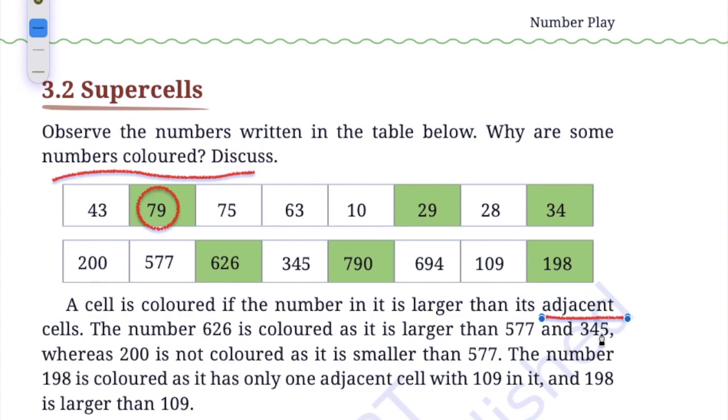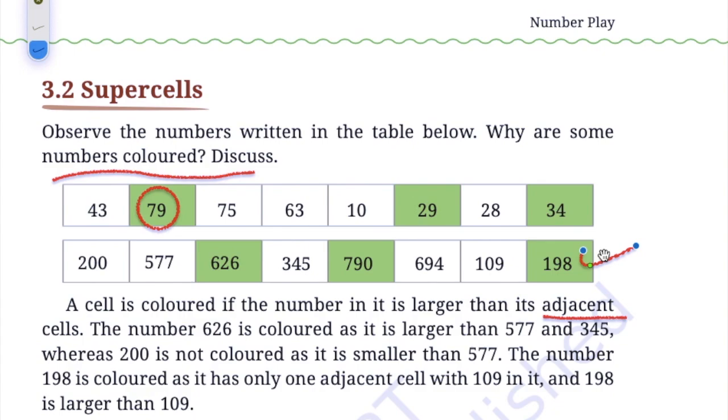I hope you understand how we color these cells and why. Whereas 200 is not colored. Why? Because 200 is smaller than 577, and 198 is colored because 198 is greater than 109.